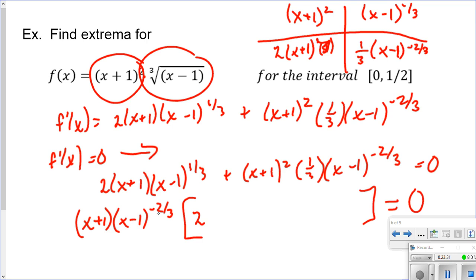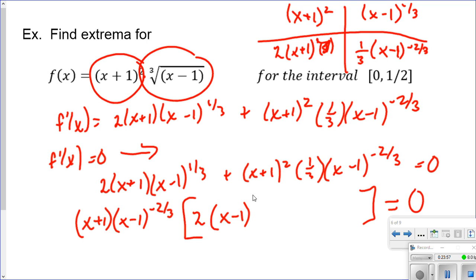Sorry, I got to correct that. It's 1/3 take away negative 2/3. So a take away a negative becomes a positive here, so that's 1/3 plus 2/3. That would leave me with an x minus 1 to the 3/3, or 1, right? Okay.